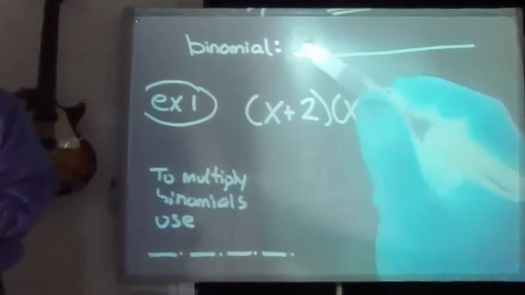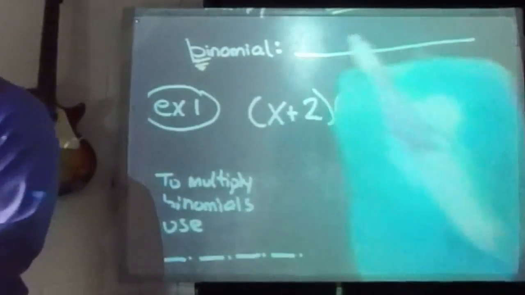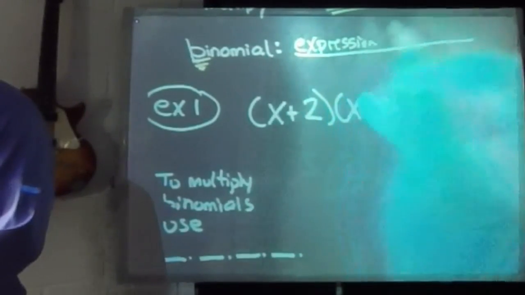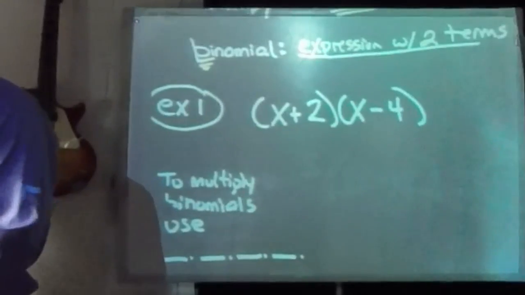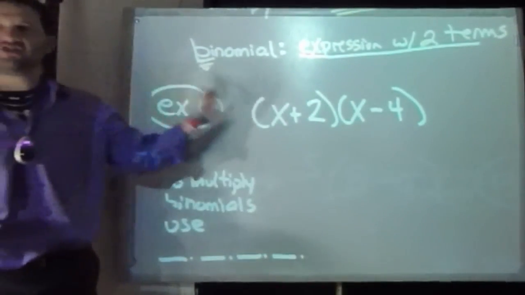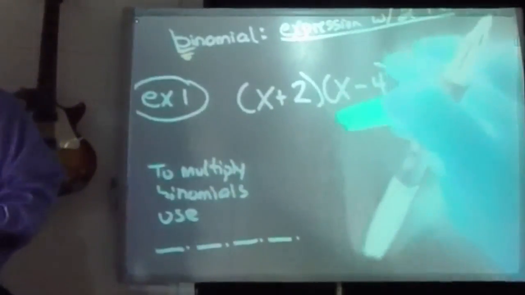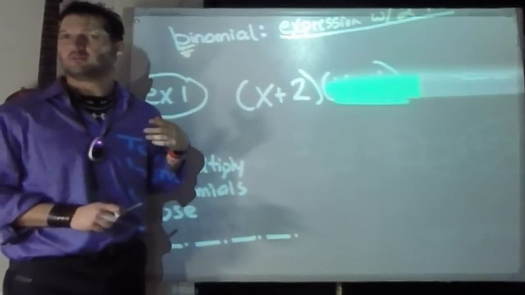A binomial is, the prefix bi means two. It is an expression with two terms. So when I say what's a binomial, it means it's two terms. In this one parenthesis, there's an x and a number. That's a binomial.